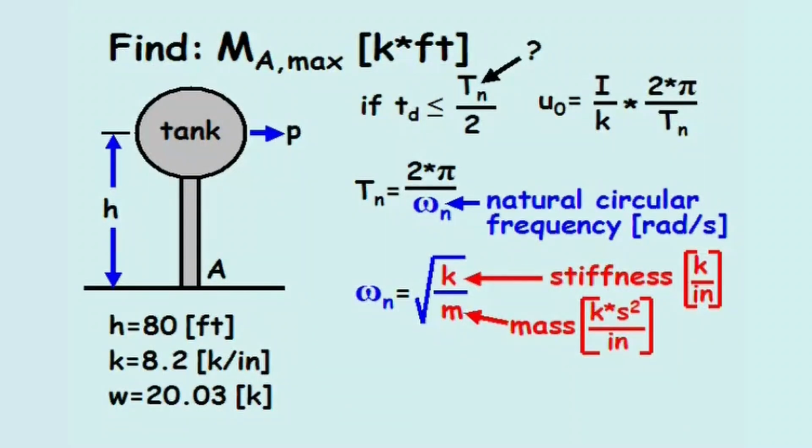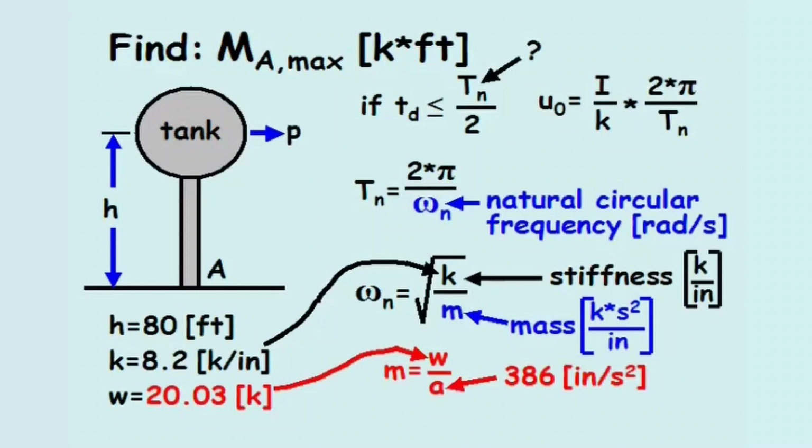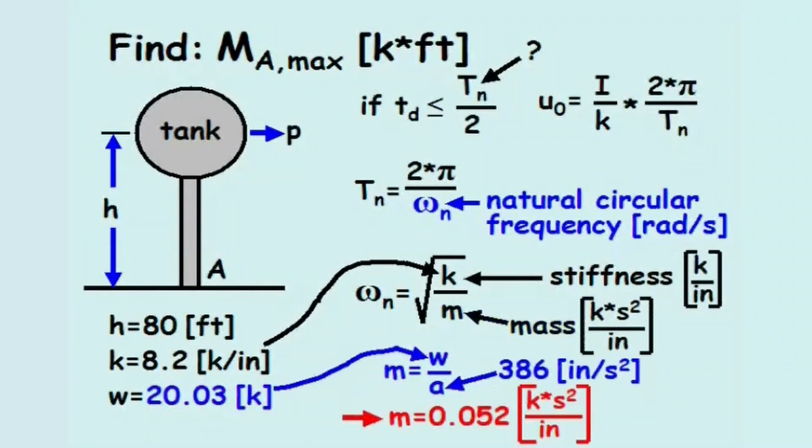We already know the stiffness equals 8.2 kips per inch, and we can determine the mass by dividing the weight of the tank by the gravitational acceleration. The mass of the system equals 0.052 kips seconds squared per inch.